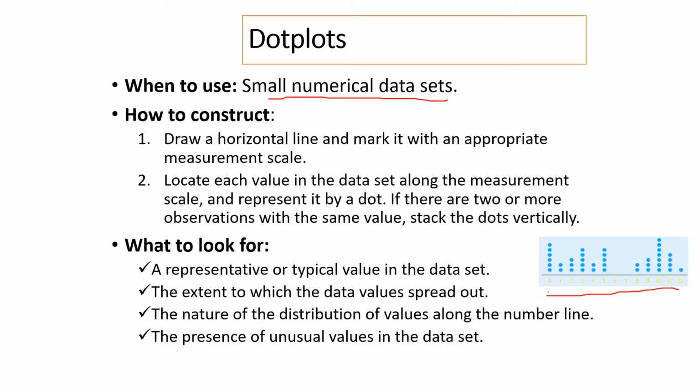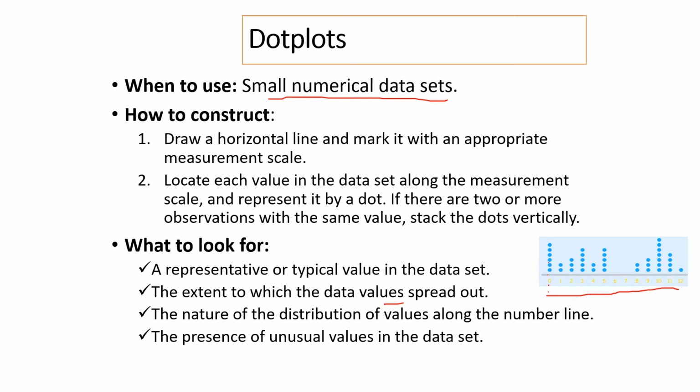So the data you represent by the dot. What are we looking for? A representative or typical value in a data set. The extent to which the data values spread out.